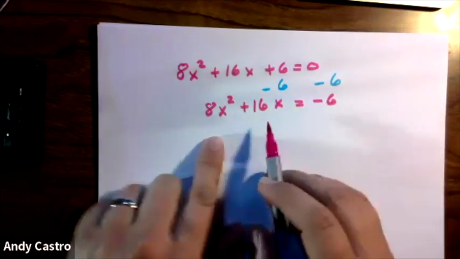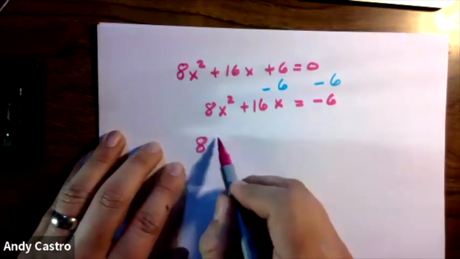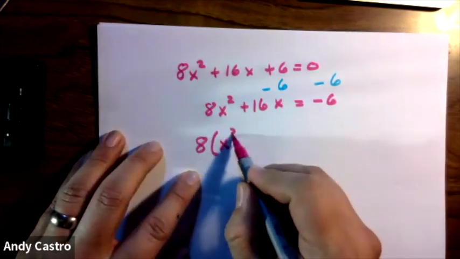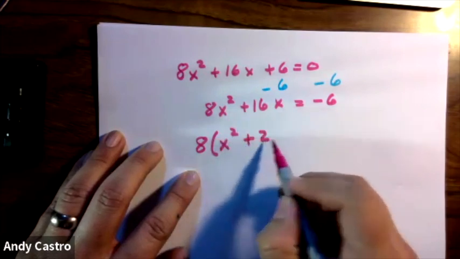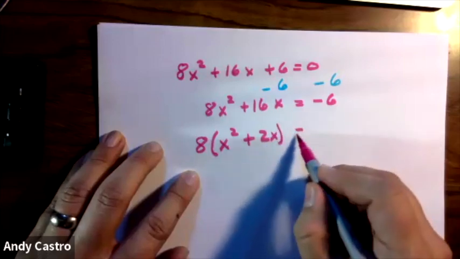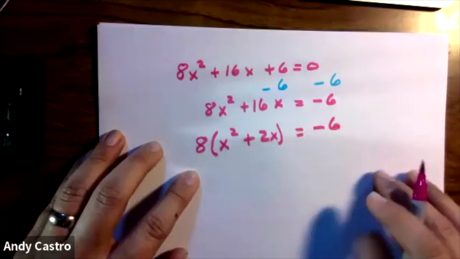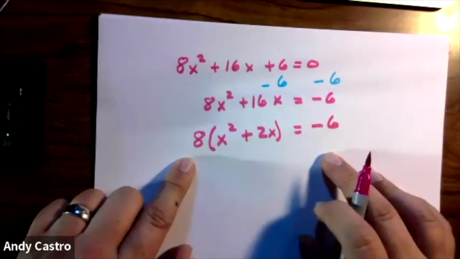All right, then I'm going to factor out the leading coefficient there, which is 8. And in this case, it works out as well, because if I factor an 8 out of there, that's a 2. But what doesn't happen is I can't divide both sides by 8.